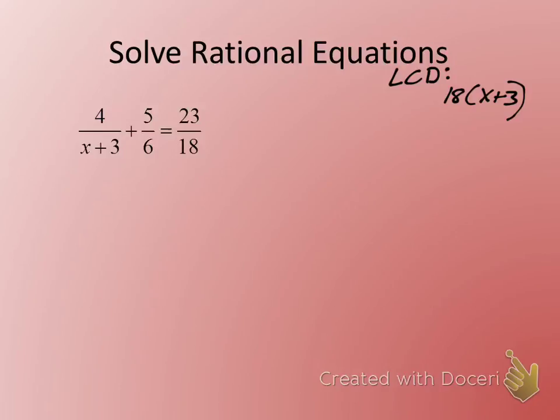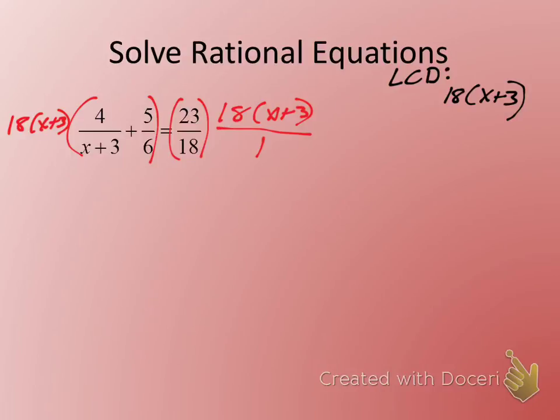And now what you do next is multiply both sides of the equation by that LCD. So you multiply this side by 18 times x plus 3, and you multiply the right side by 18 times x plus 3. Now remember these are over 1.